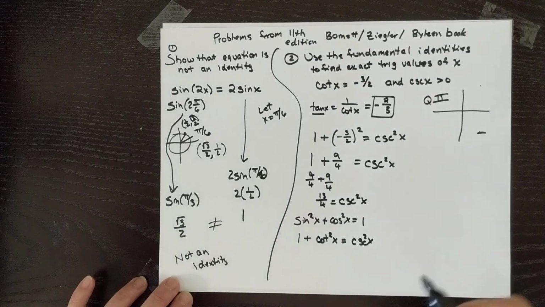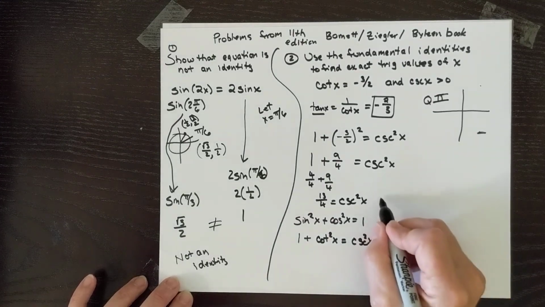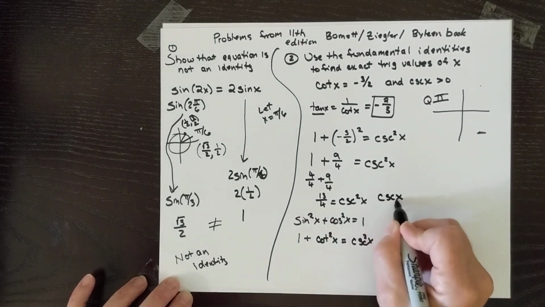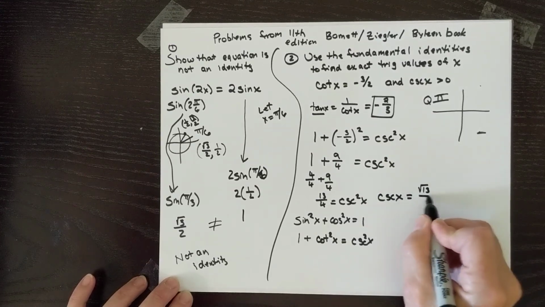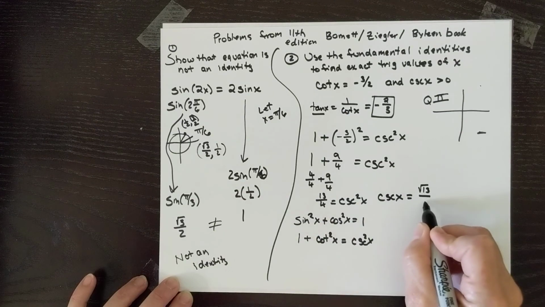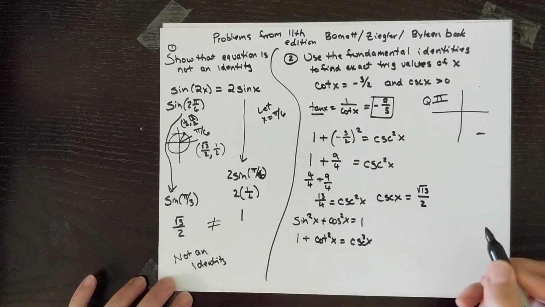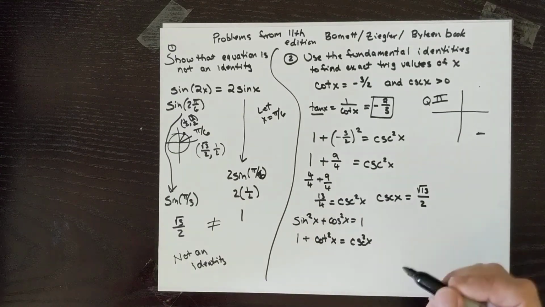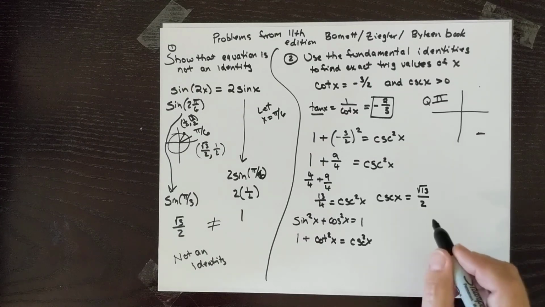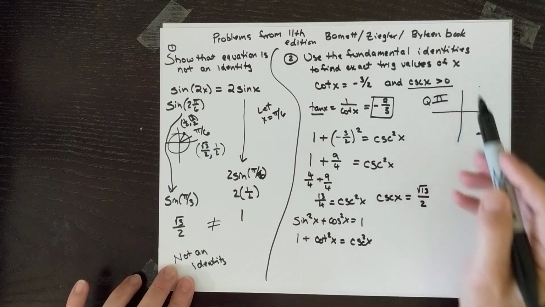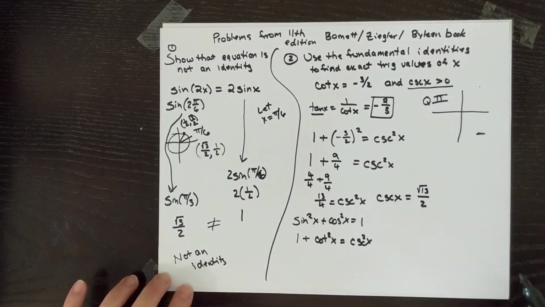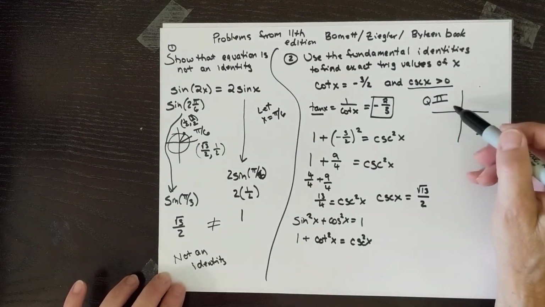Now I'm going to take the square root of both sides, which is going to tell me that the cosecant of x is equal to the square root of 13 over the square root of 4, which is 2. Now, I would normally say plus or minus the square root of 13 over 2. However, they told me that this has got to be positive, so I know this is positive, and I've already established that I'm in quadrant 2.